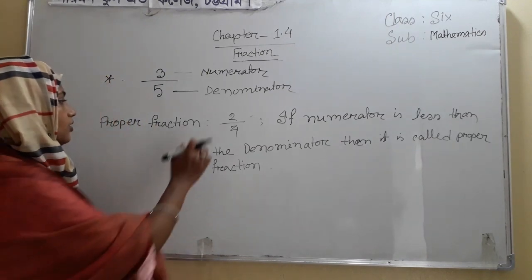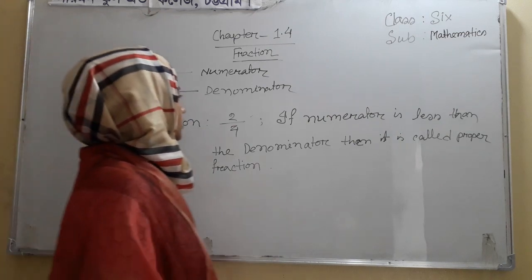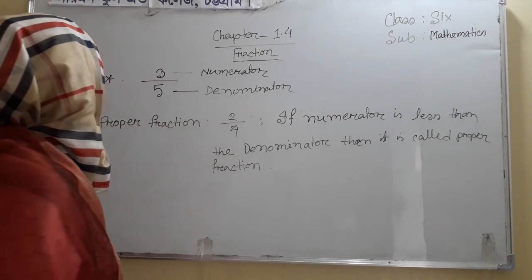That means if numerator is smaller than denominator, then we call this fraction a proper fraction.